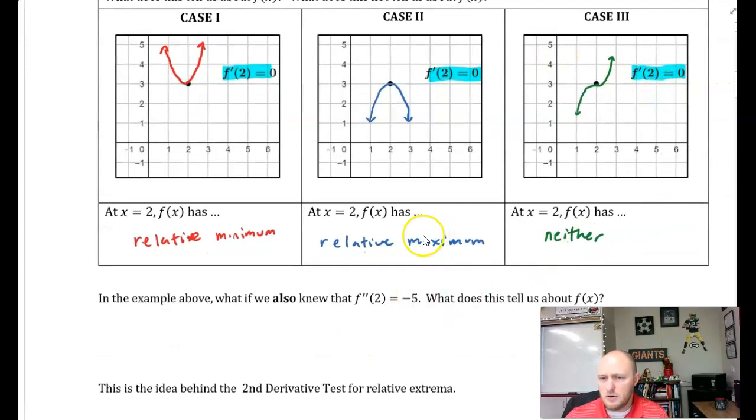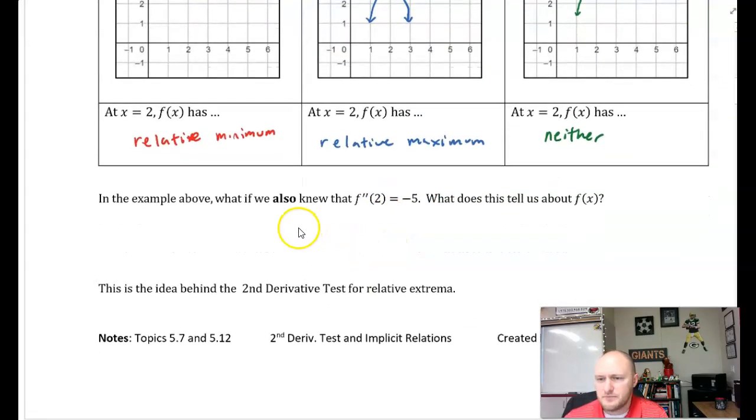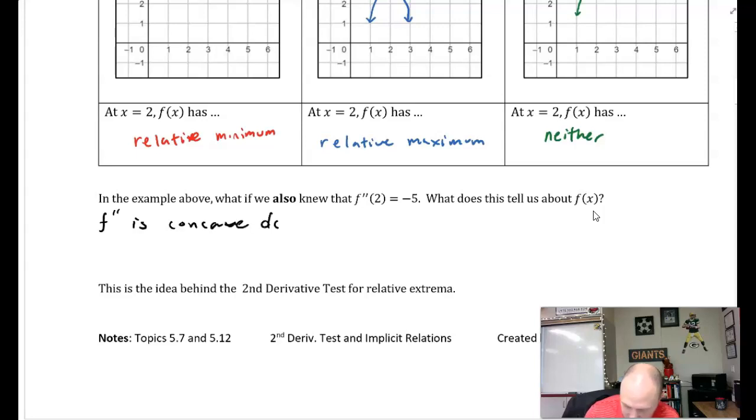So in the example above, if we also knew that f double prime of 2 is equal to -5, what does this tell us about f of x? Well, if f double prime is negative, then this tells me that f is concave down at x equals 2.